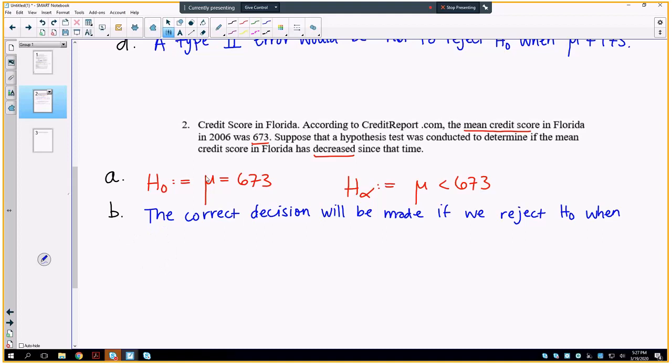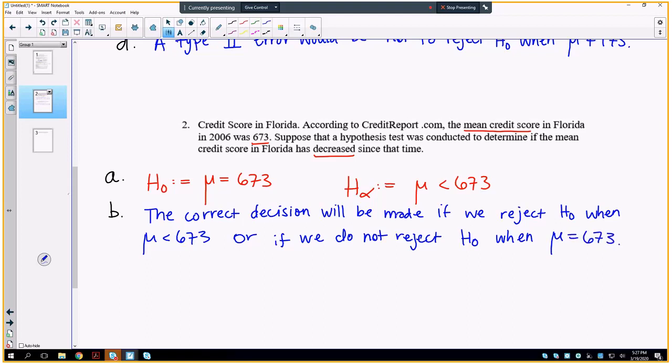If we reject the null hypothesis when mu is less than 673, or if we do not reject the null hypothesis when the mean is actually equal to 673.